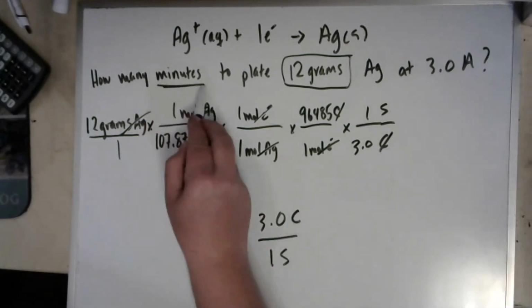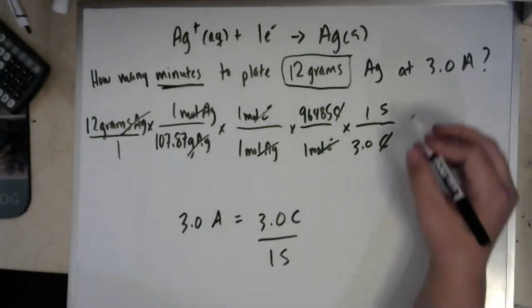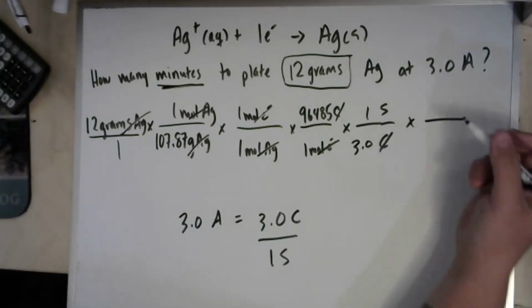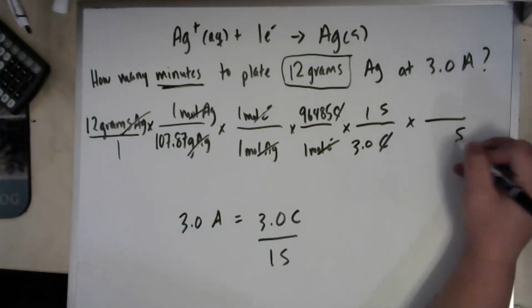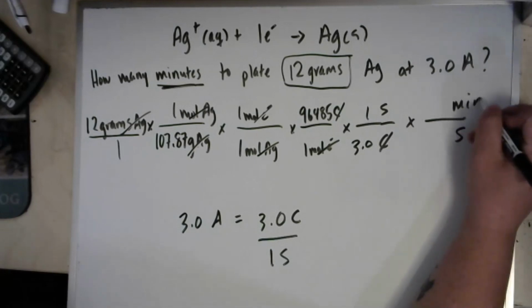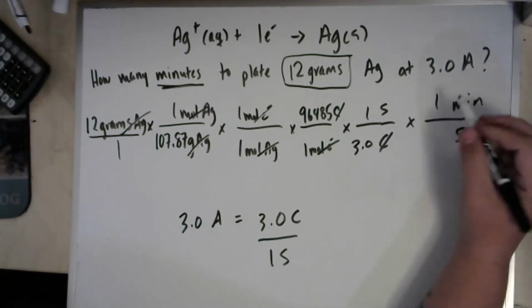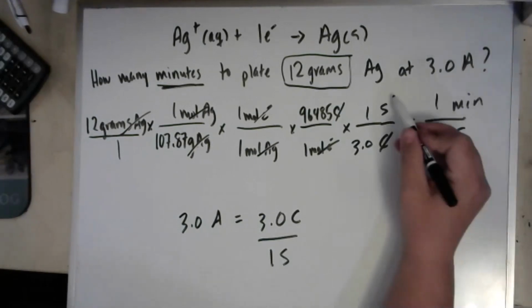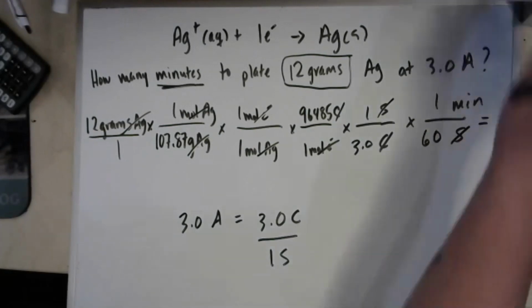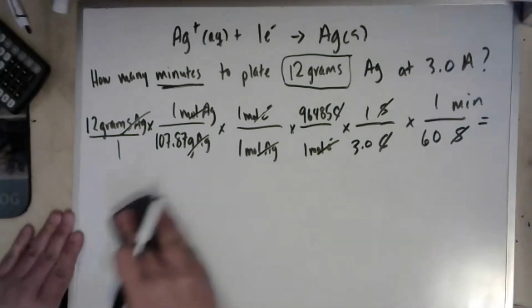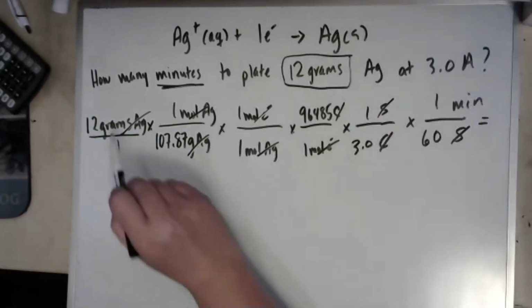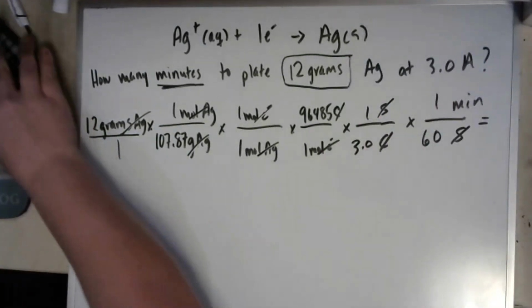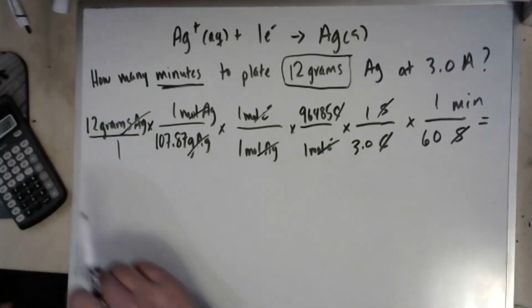I want a final time value that's in terms of minutes. So in my final conversion, seconds is going to have to go on the bottom and minutes will have to go up top. So in every 1 minute, there are 60 seconds. Okay, now again, I'm going to multiply every term that is on the top of my fraction bar, and I'm going to divide by any term that's on the bottom of the fraction bars.